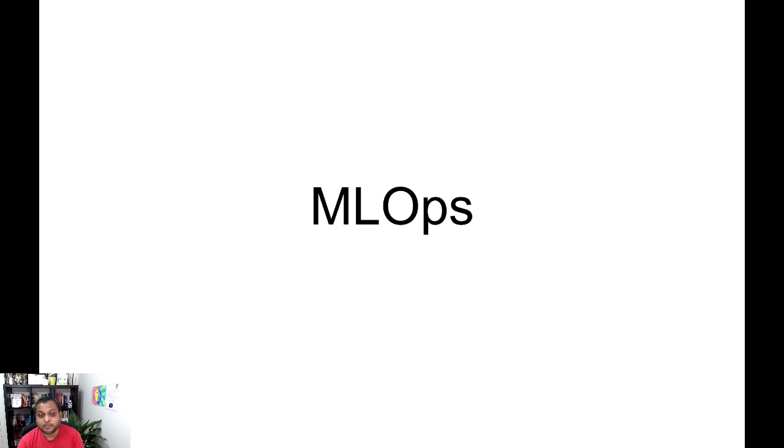It is called MLOps, and MLOps is the one that will help us speed up our machine learning life cycle and create value for the business. In the next few videos, I'll be talking about different components of MLOps, and we'll start focusing on individual components and start drilling down into that.